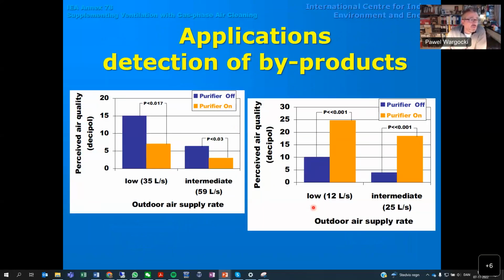And the other example Bjarne also mentioned is that a chemical analysis may provide you information on the byproducts, but will often not tell you about the effects of those byproducts, if they are produced by the air cleaner, on our perception. So sensory evaluations have additional importance, not only because they capture the entire perception of the air, but also because they tell you whether there could be potentially harmful pollutants that will degrade the air quality that are produced during the air cleaning process.